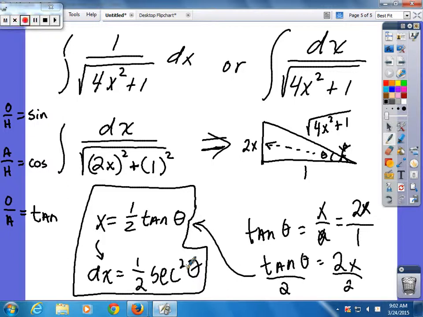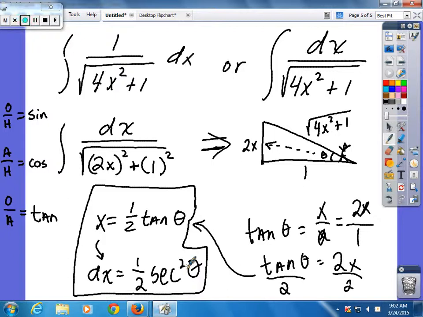Well, let's go back to SOHCAHTOA. What is the secant? Well, it's the reciprocal of the what? Sine, cosine, tangent, cotangent, secant. So it's hypotenuse over what? Adjacent.